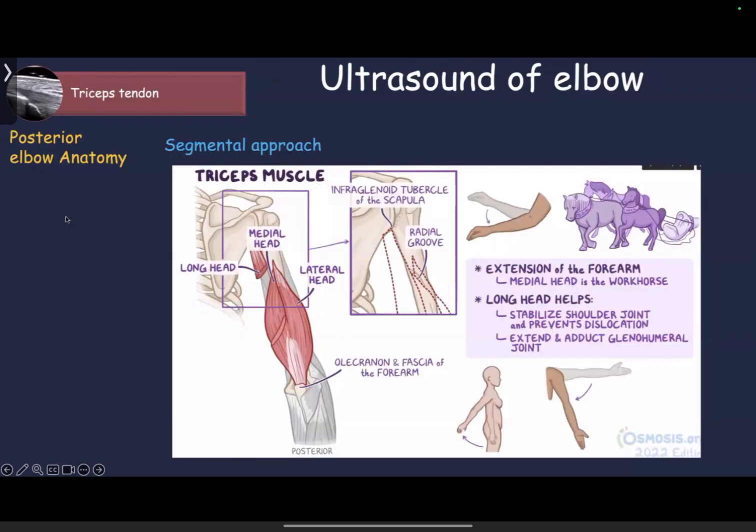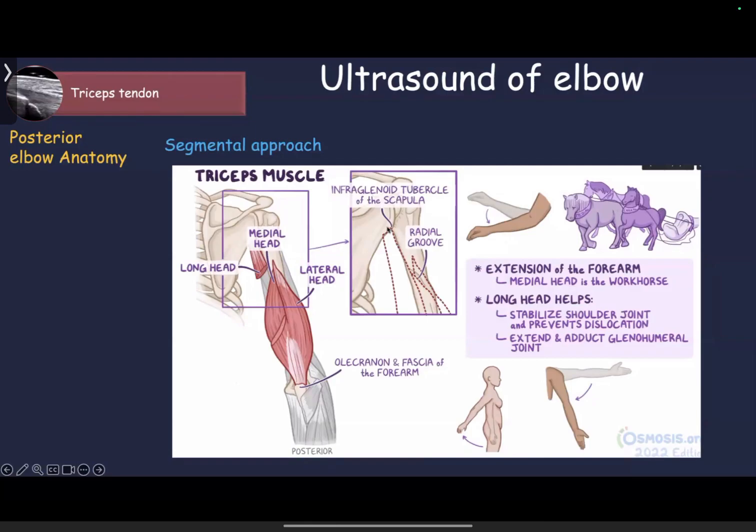So in the posterior elbow anatomy, we have the triceps muscle. As the name suggests, it has three heads. We have the long head, the lateral head. Both the long and lateral heads conjoin to form a tendon that attaches to the olecranon process of the ulna.